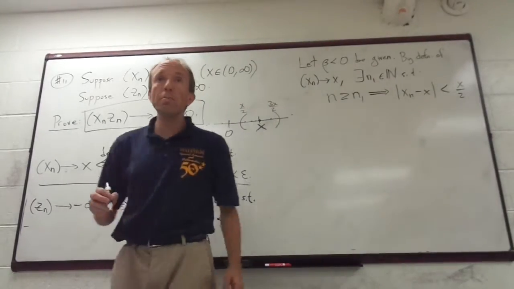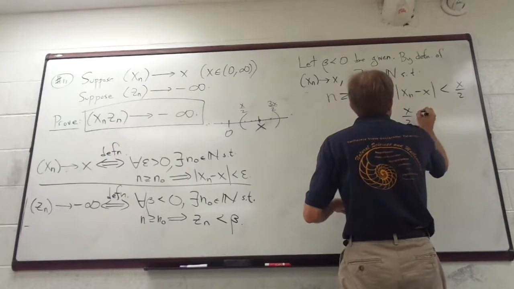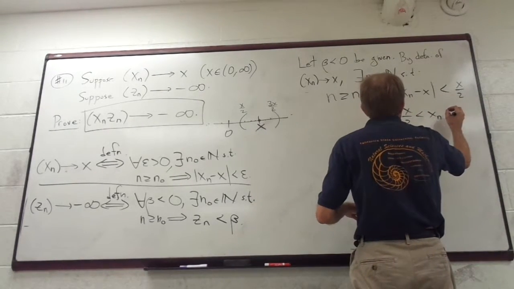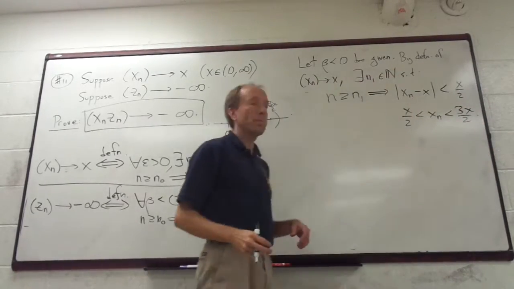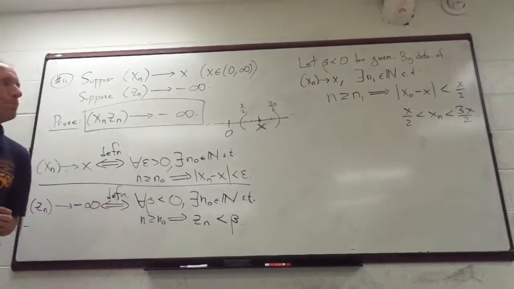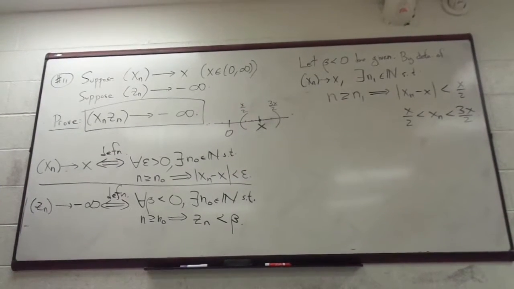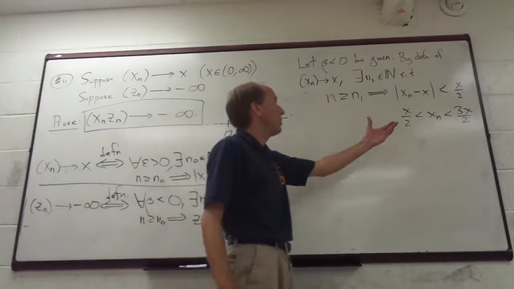That really just means xn is between x over 2 and 3x over 2. That's basically what this picture shows. You guys okay with that? So xn is ending up in this interval.